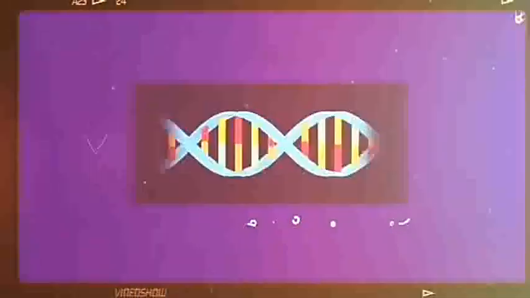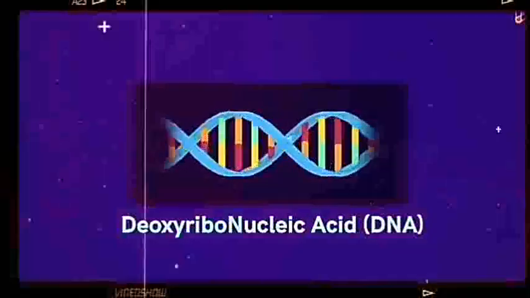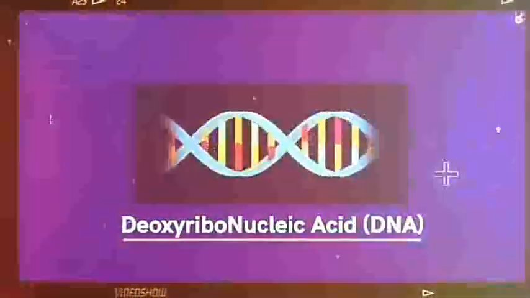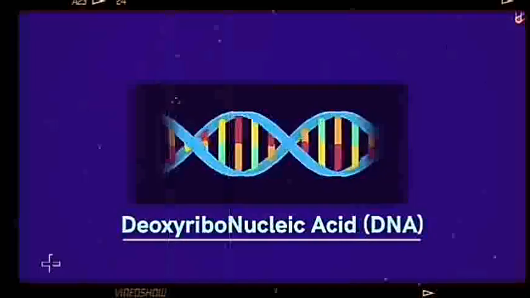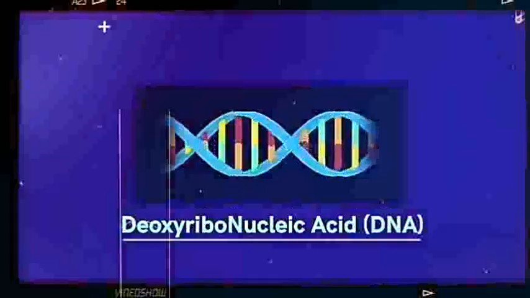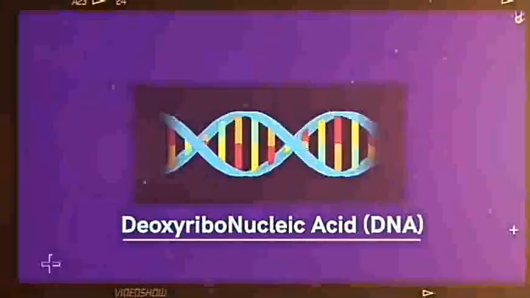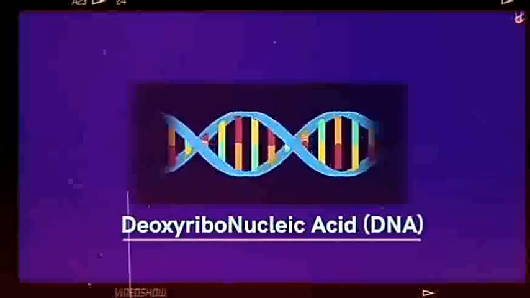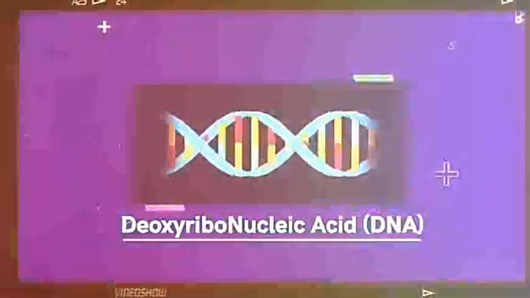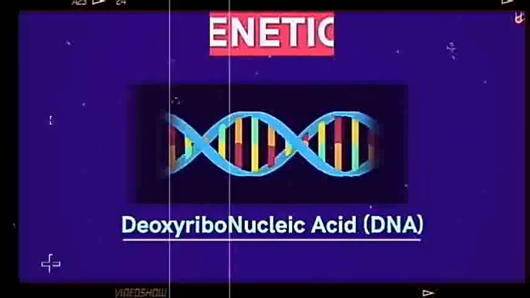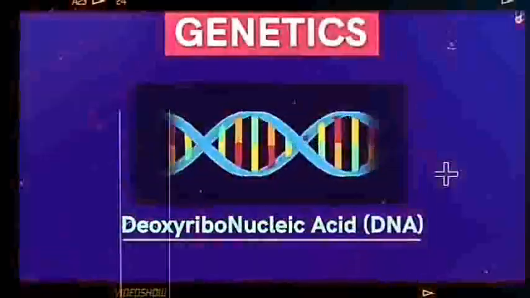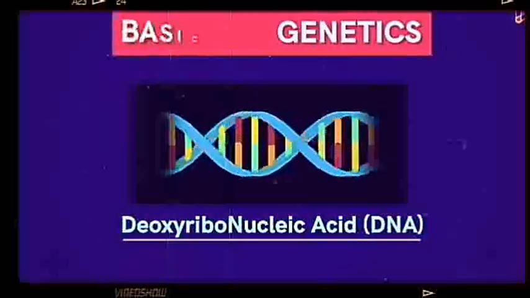In order to unravel the hidden mysteries of this deoxyribonucleic acid, otherwise called DNA, we have to look deeply into the roots to understand it in and out. So we have to study this molecule right from its foundation. And to do this, we have to study genetics, which is the branch that talks about this molecule.